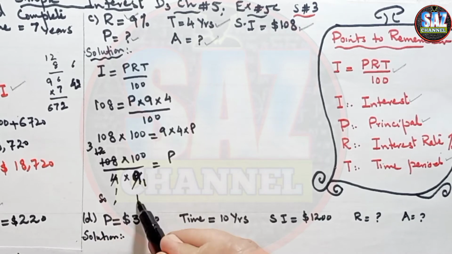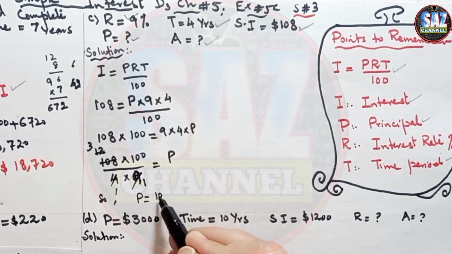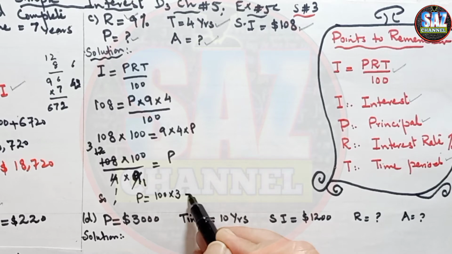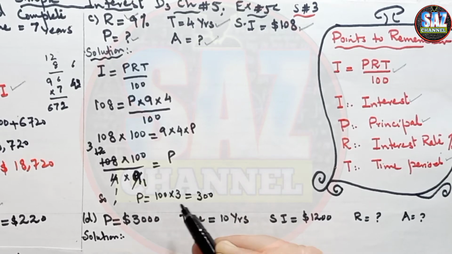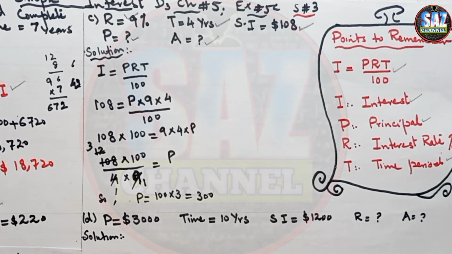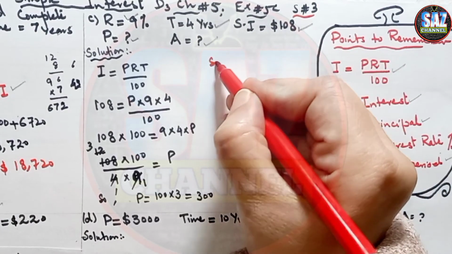So P equals 100 multiplied by 3, which is equal to 300.